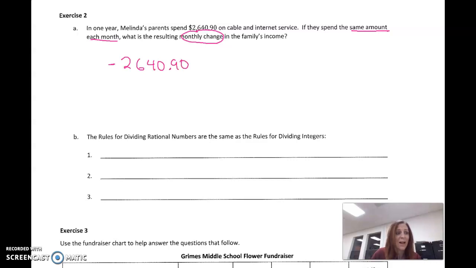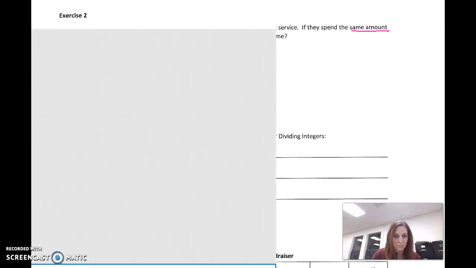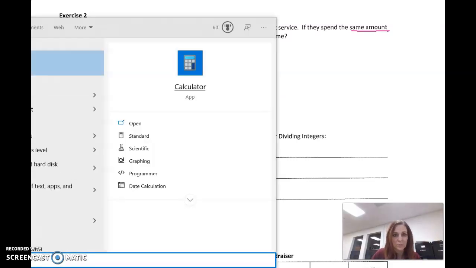Well, if that's 1 year, how many months are in a year? 12, right? So 1 year, 12 months. All right, so I'm going to divide this. Here's my calculator.